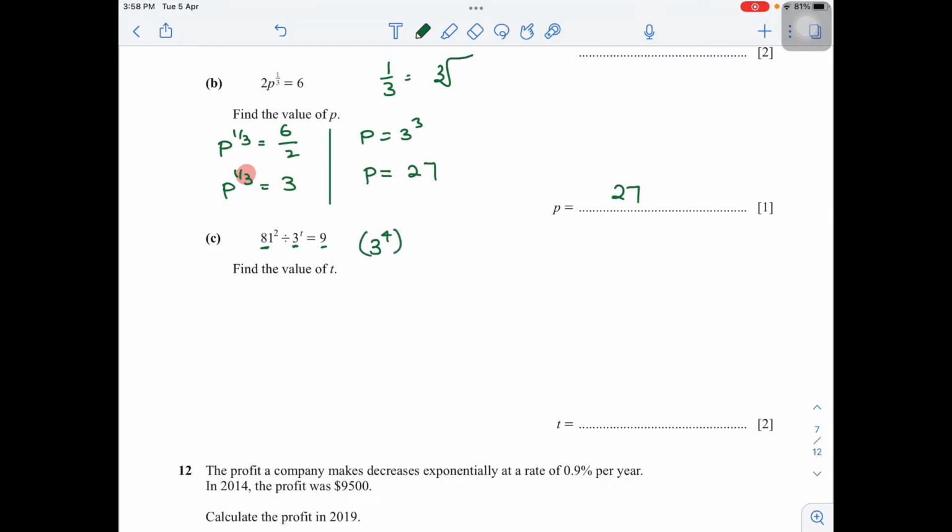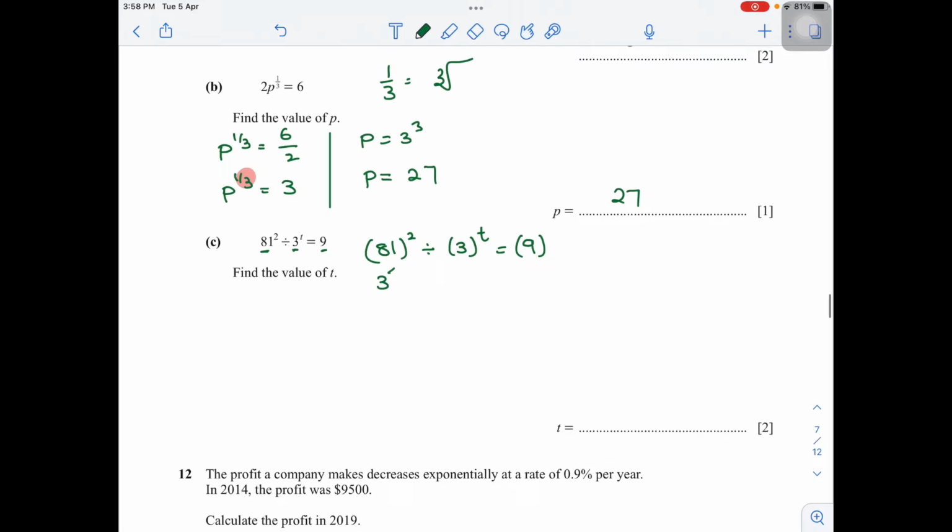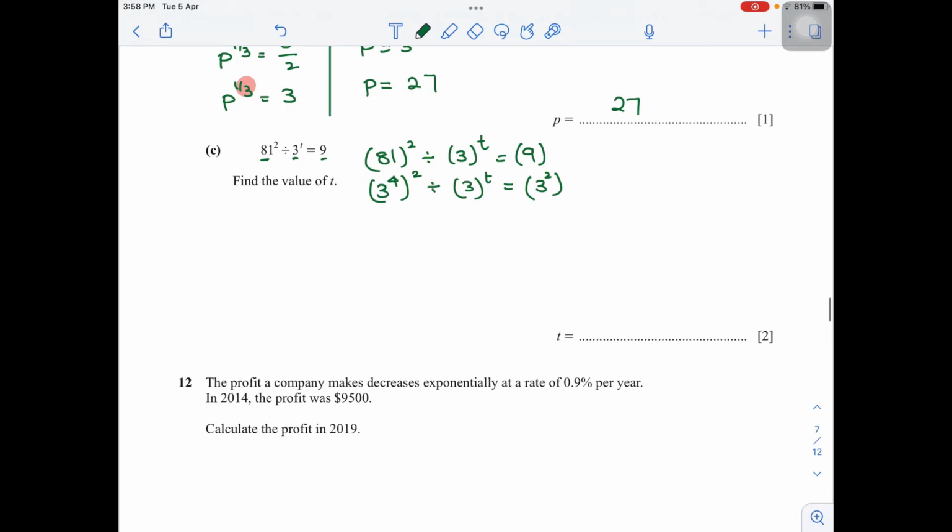Yes, so 3 to the power 4 squared, because it was like this. I'm writing like this, pay attention. 81 squared divided by 3 to the power t is 9, right? So I'm writing 81 is 3 to the power 4 squared, 3 to the power t, 9 is 3 squared, correct?